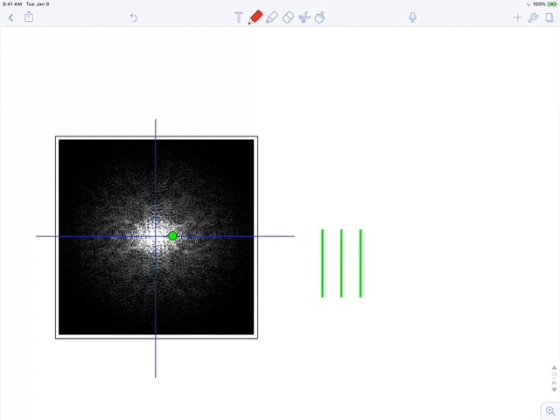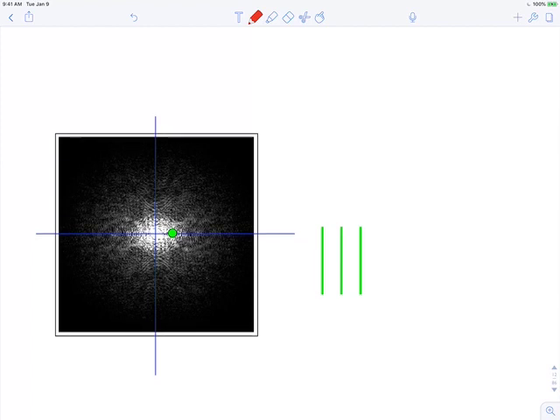Let's say I want to look at the K-space intensity at this point here. That is on the kx axis. Anything that's right on the kx axis, that intensity represents variations that are going left to right.